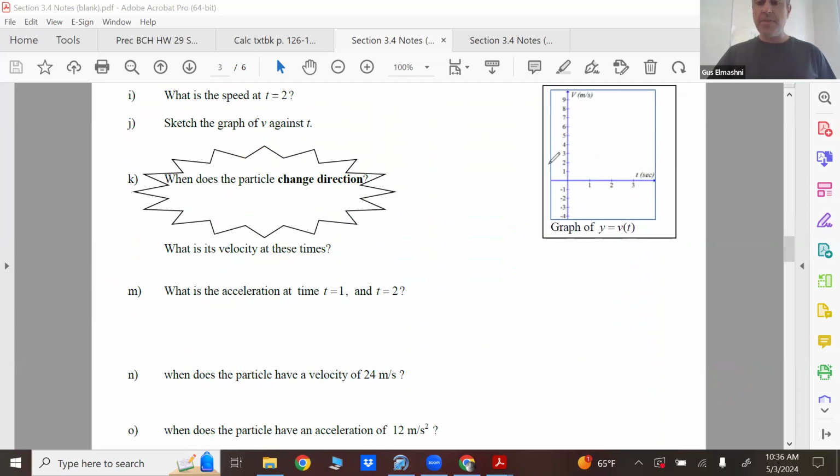So yeah, and velocity was what again? 3 parentheses t minus 1. And the y-intercept was 9. And if I plug 2 in, what's my vertex? Negative 3, I think.